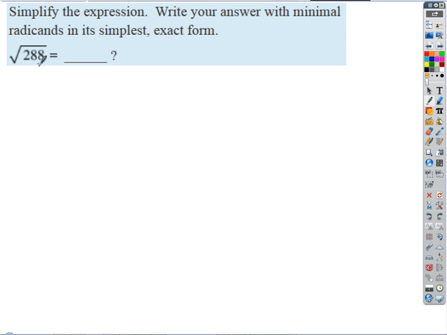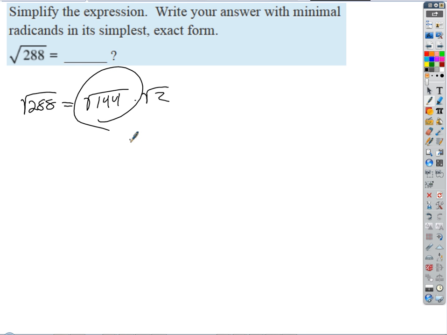What's half of 288? 144. So the square root of 288 we can rewrite as the square root of 144 times the square root of 2. What's the square root of 144? 12. So we end up with 12 radical 2 as our answer.